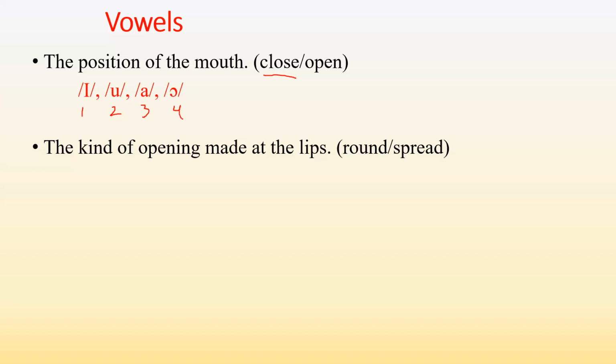I, U, A, O. What are the closed vowels? U and O, which means second and fourth. Second and fourth. Yes.